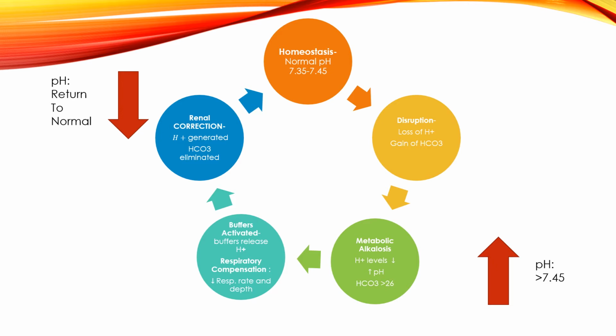And if the kidneys are functioning, then they're going to begin to try and excrete more of that bicarb. They're going to try to get it out in the urine, and it's going to try to help generate or hold on to some of those hydrogen ions. So this will hopefully return the body back to that normal homeostasis with a pH of 7.35 to 7.45.